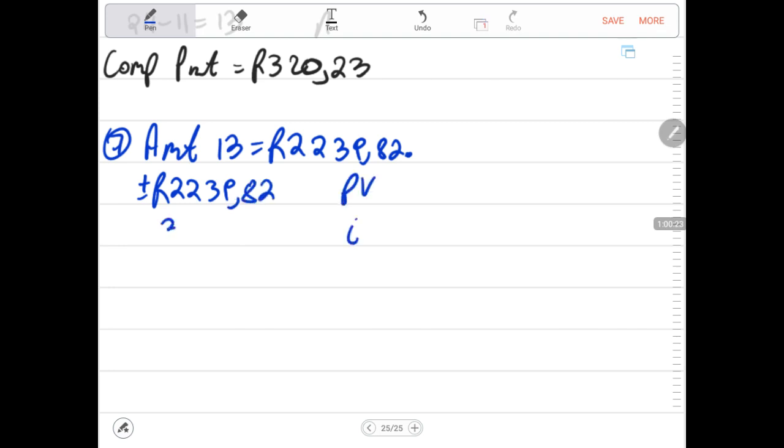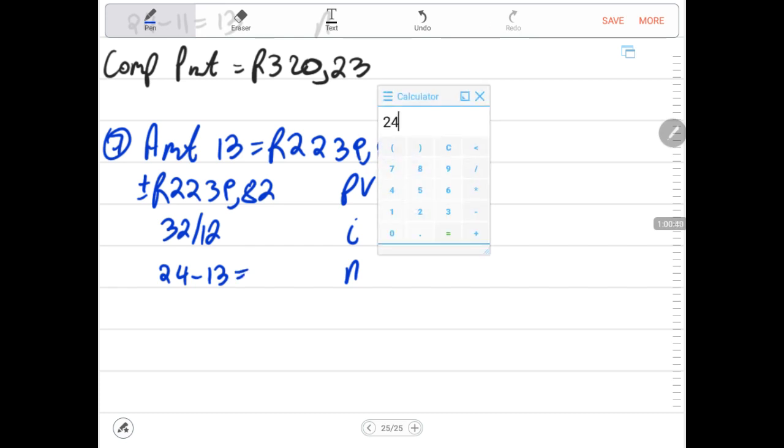The interest now is 32 divided by 12. Our n, we need to exactly know our n. Our n will be 24 minus 13, because it's the 14th month where there was a change. So 24 minus 13 will give us 11, meaning our n will be 11.